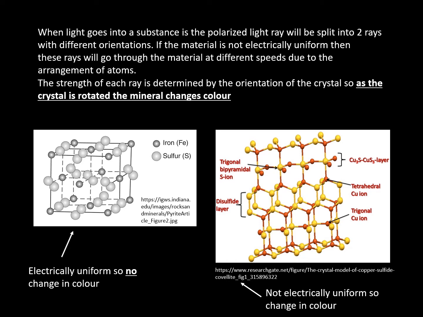This means that as the crystal is rotated, the mineral color is going to change. This is what occurs with covellite, whereas with minerals like pyrite, which are electrically uniform, the rays are going to go through at the same speed, so there's going to be no color change as we rotate the mineral.